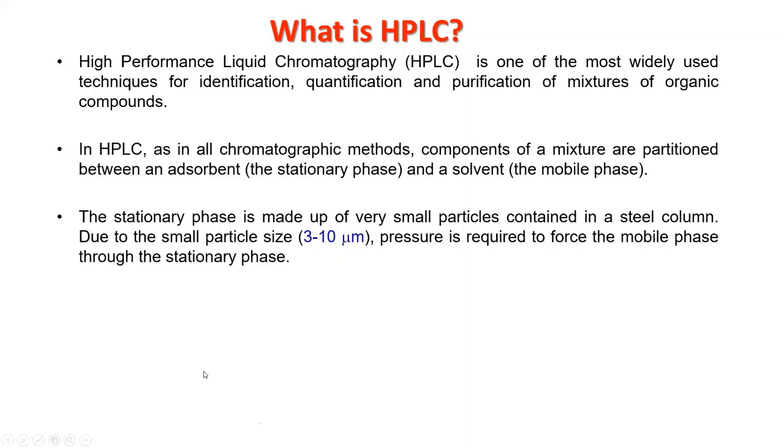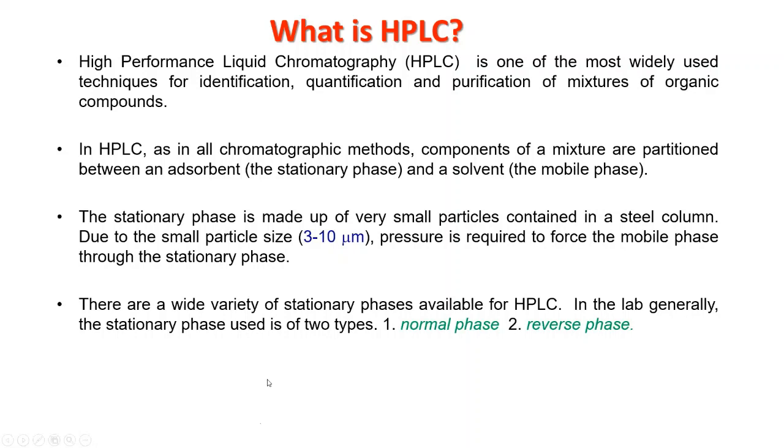The stationary phase is made of very small particles contained in a steel column. Due to the small particle size, pressure is required to allow the mobile phase to pass through, so an HPLC pump is required.